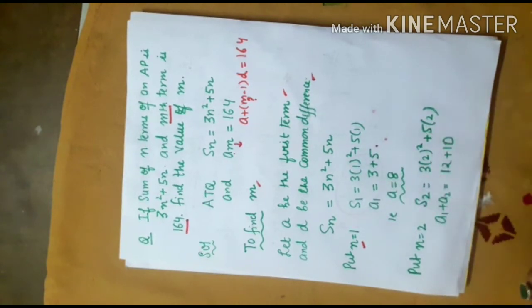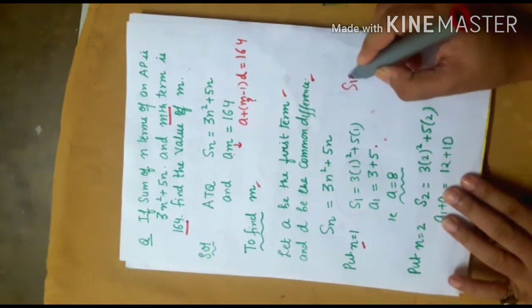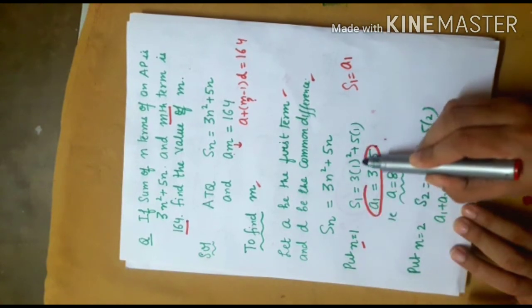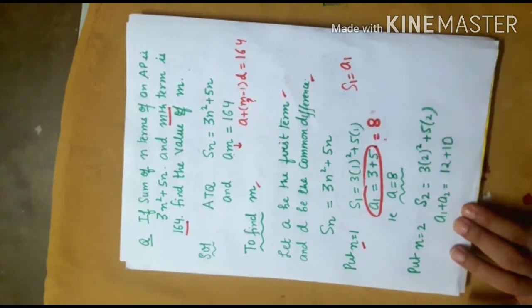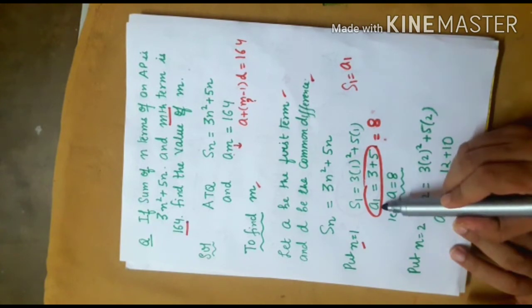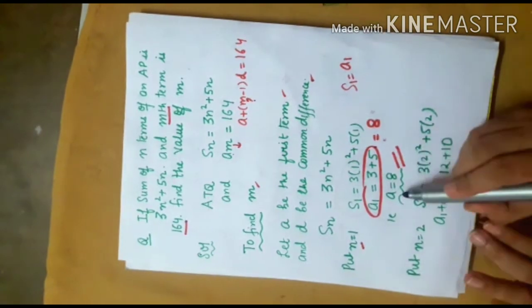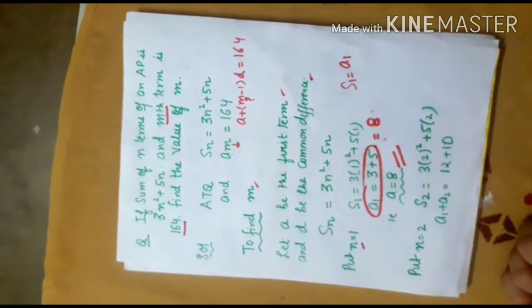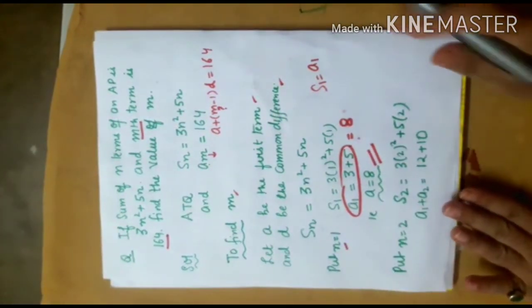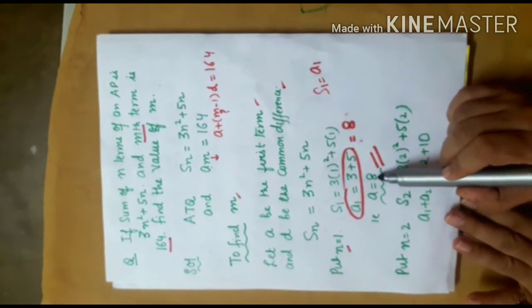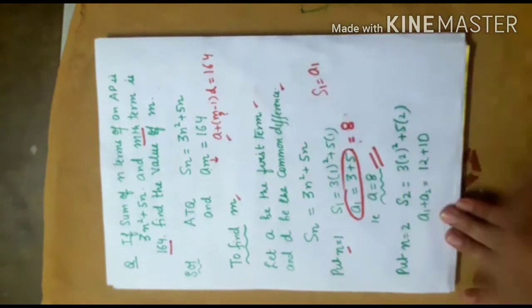Now what is S1? S1 means sum of first one term. So do you agree S1 is equal to A1? So A1 is 3 plus 5, that is 8, and A1 means first term, and first term is denoted with a. So I get a equals 8. Now I have obtained the first term, that is 8.